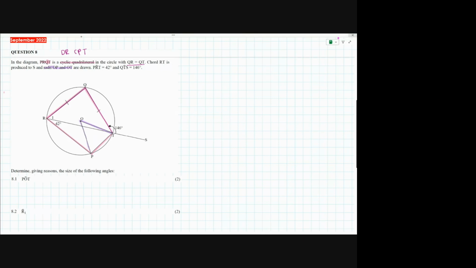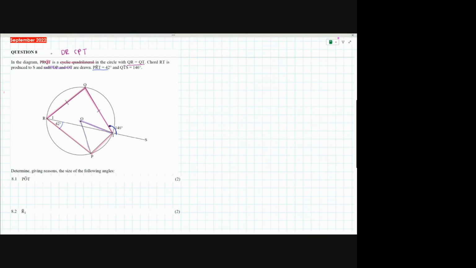I'm then also given certain angles. This is on my diagram, so I'm not going to stress about it. PRT is equal to 42 degrees, and QTS is equal to 146. So it just allows me to identify what I have. I don't have any parallel lines, don't have a diameter, I don't have any tangents, but I do have a cyclic quad, I do have radii, and this will hopefully help me as I go into answering these questions.